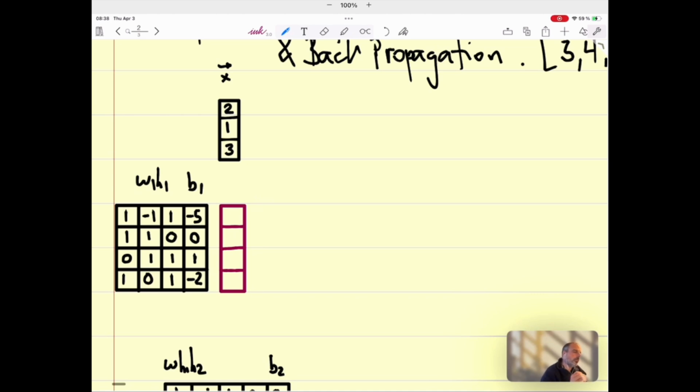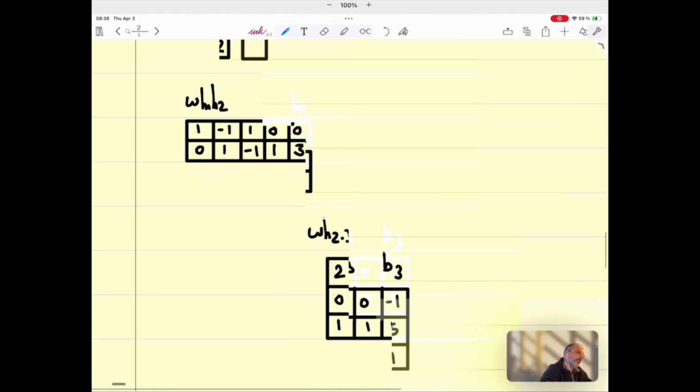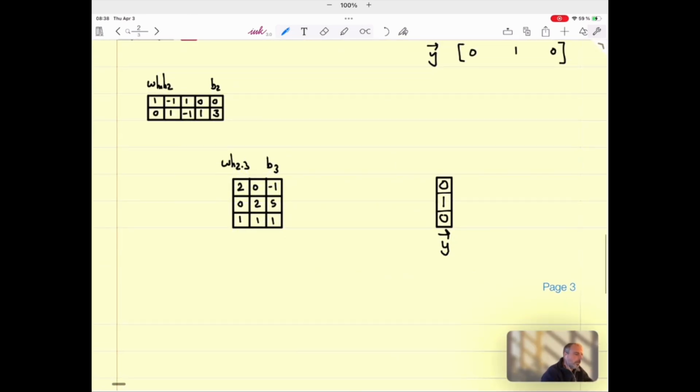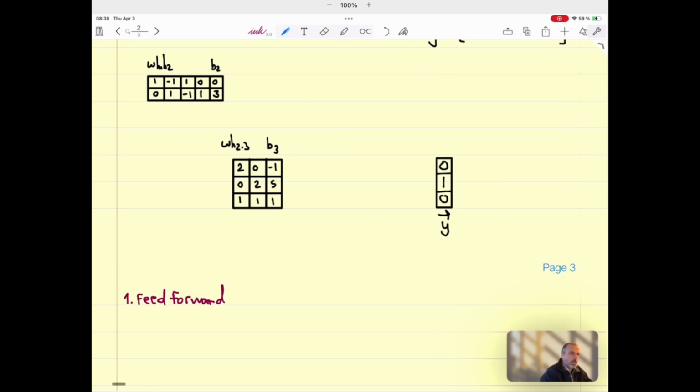I'll do the feed forward calculations down here. You can scroll up and down later. Feed forward, let's call it x to h1.